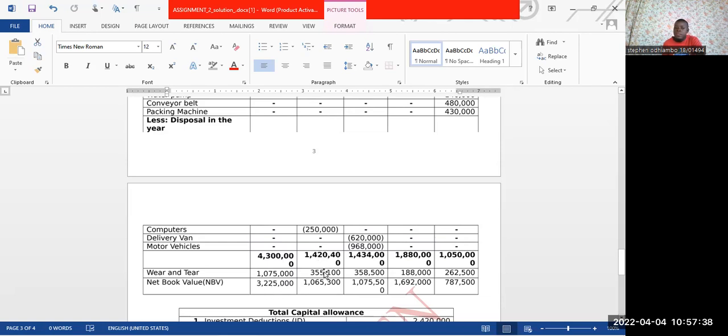Take this and this, you're supposed to get 1,065,300. You do the same for illustration purposes. So what we are supposed to be doing at last is how do we get total capital allowances.